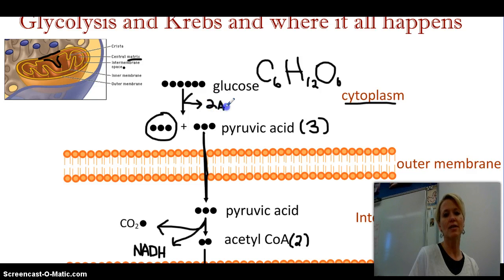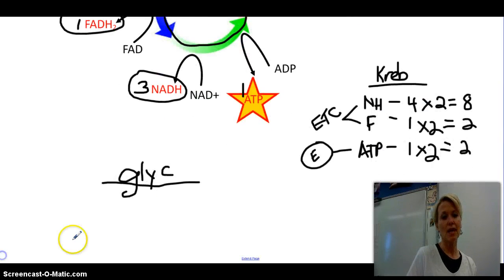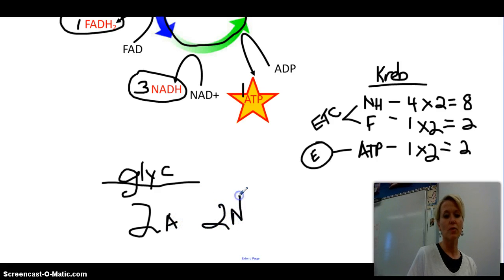So in this process of breaking glucose into 2 molecules, we get 2 ATP and we get 2 NADH. I'm just going to write an N so that I don't waste too much time here. So we just made 2 ATP and 2 NADH. Again, this is instant energy.